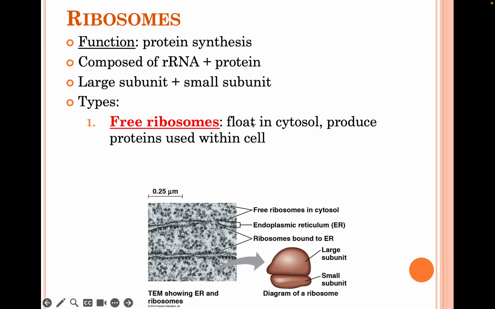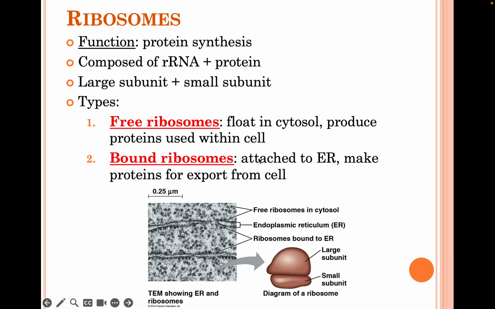There are free ribosomes that float around in the cytosol. These produce proteins that are used within the cell. There are also bound ribosomes, stuck to the endoplasmic reticulum, and they make proteins for export outside of the cell.